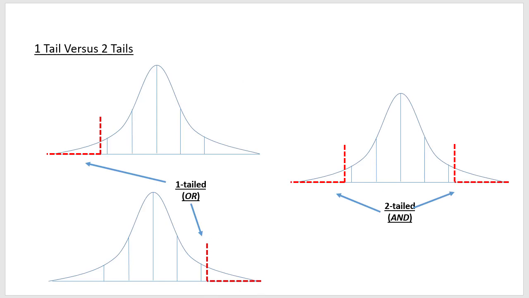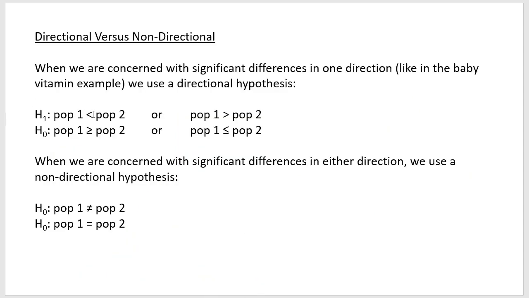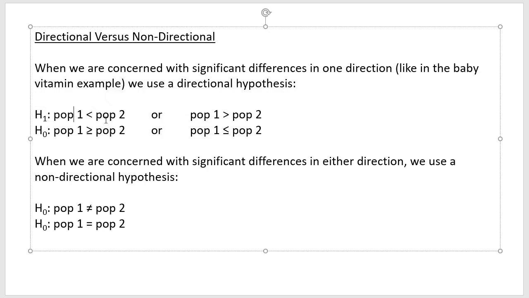So when you are developing your hypotheses for a one-tailed test, the test has to be either negative, which is what this is. We want to see if our score is less than or more negative than a particular cutoff score. But if it's positive, then we want to know if our score is greater than or more positive than a particular cutoff score. So these two are a set, and these two are a set.